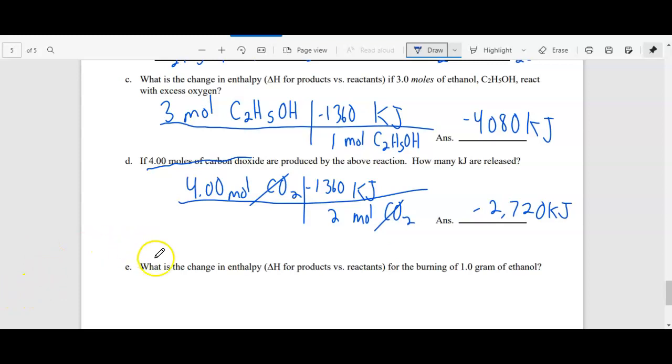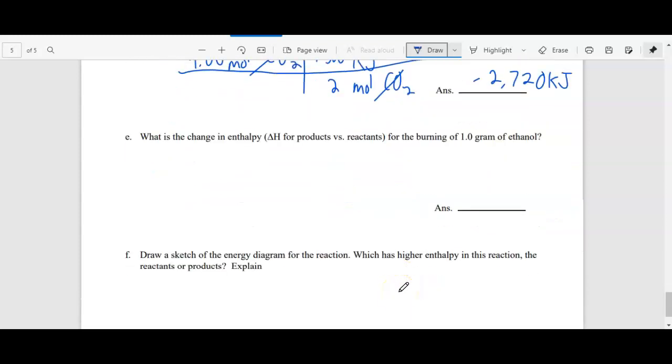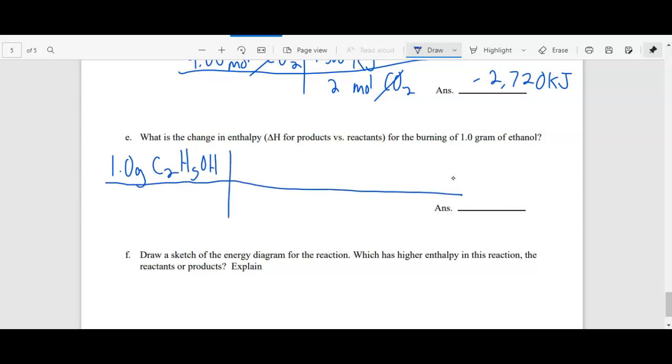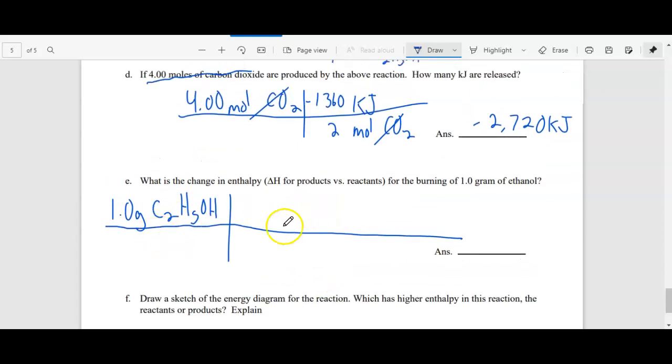Last question, what is the change in enthalpy, or delta H, for the products versus reactants for the burning of 1 gram of ethanol? So this last thing we're going to do on here for that letter is we're going to convert 1 gram of ethanol, which it did tell us up there at the top that ethanol was the C2H5OH. And then we're going to take the molar mass of that and go from grams to mole.